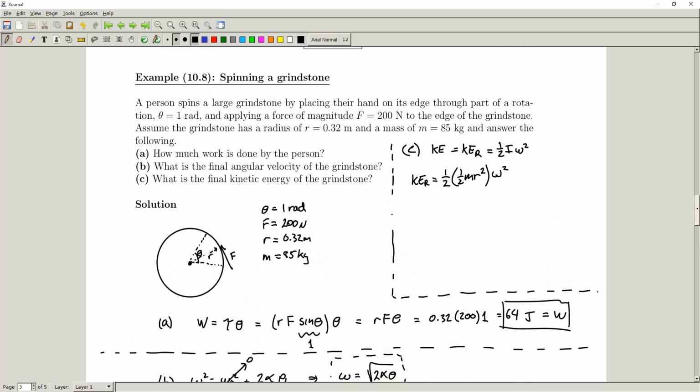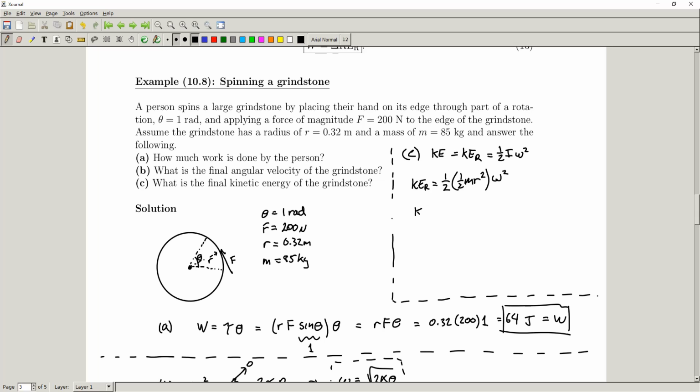If we substitute in all those numbers, our rotational kinetic energy is equal to 1/4 times 85 times 0.32 squared times 5.42 squared. And again, if we do that calculation, we're going to find that the total kinetic energy here, which is equal to the kinetic energy from rotation, is equal to 64 joules.